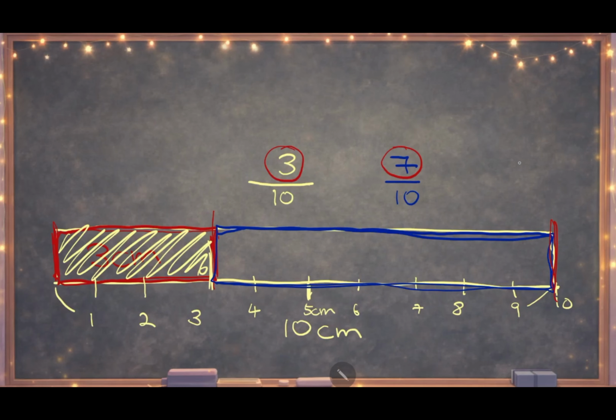So if we have 10 pieces over 10 pieces, that's going to be the whole thing. Do you agree? From this, we know if the numerator equals the denominator, that is going to equal 1, which is the whole thing. Let's have a look at the last question.